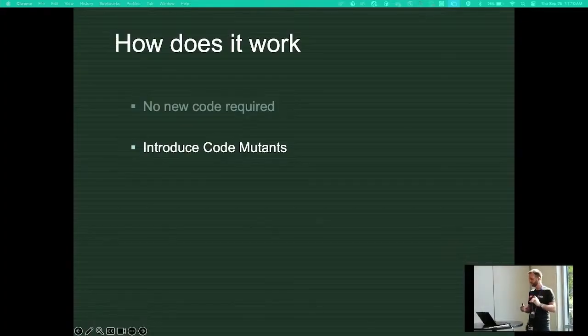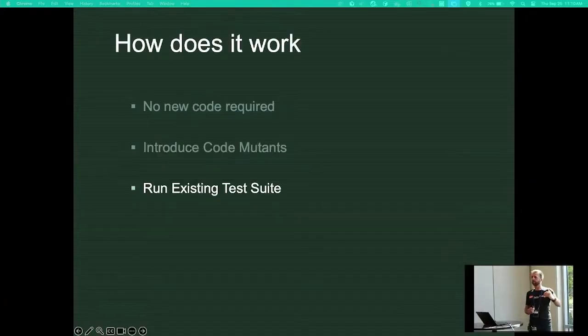And when it does that, having created a long list of mutants, it runs your existing test suite. It says, okay, I made these changes, but do you have any tests that complain about this change? As you can imagine, if you have a test that complained about the change, that's a good thing, meaning your tests caught the change you tried to make in the code. In this language, you say the mutant was killed by your unit tests.